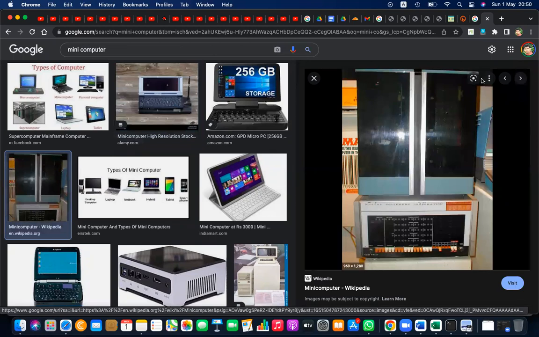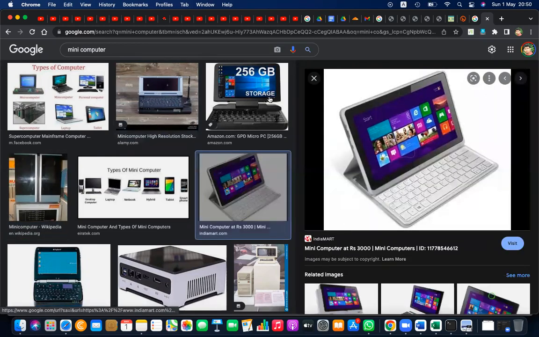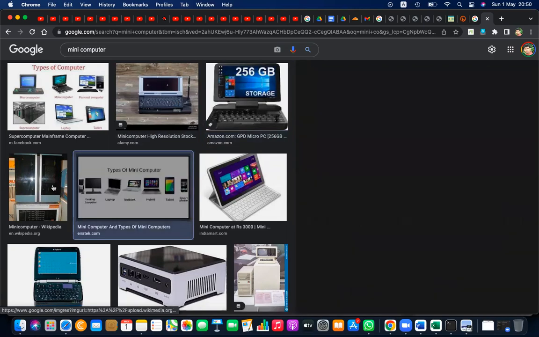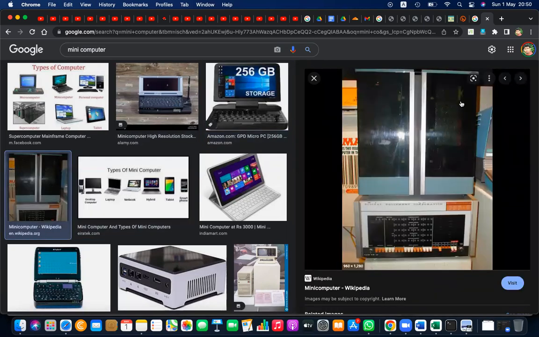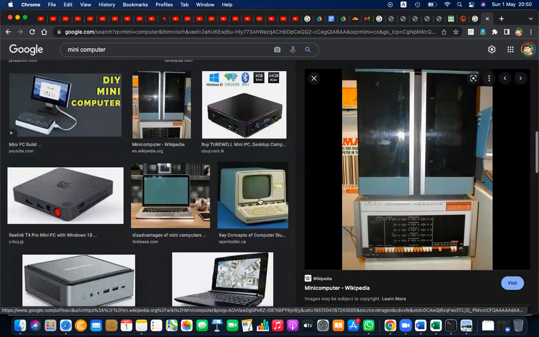The mini computer that I mean also looks like a cupboard or cabinet. These are the mini computers that I'm referring to, not those. Those are also mini computers, but they belong to the microcomputer category. A bit confusing, right? That mini computer belongs to the microcomputer category, but this is the one that I'm taking. These work as workstations.